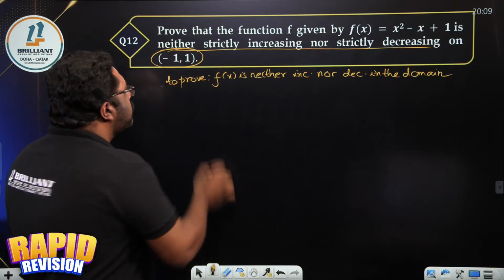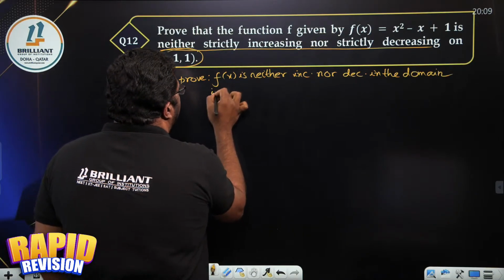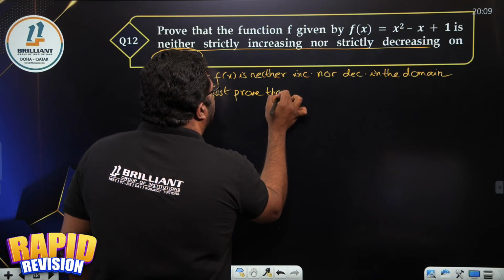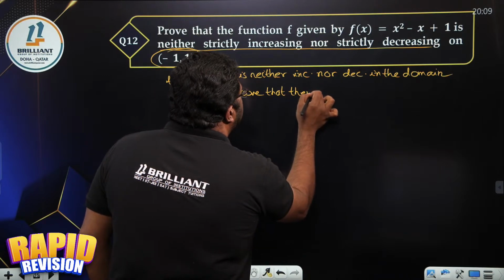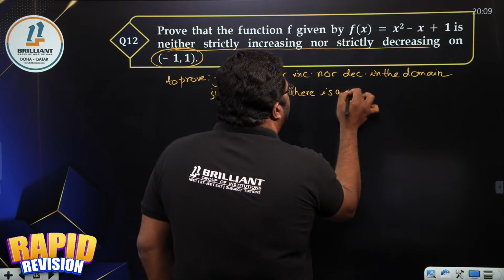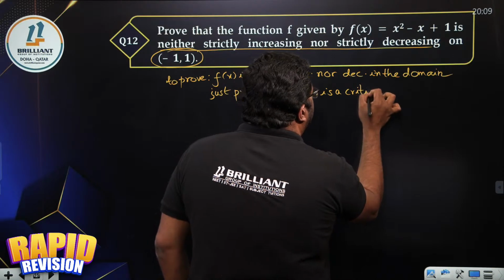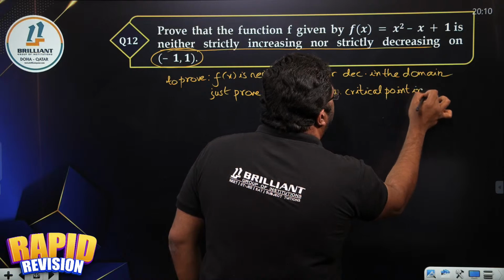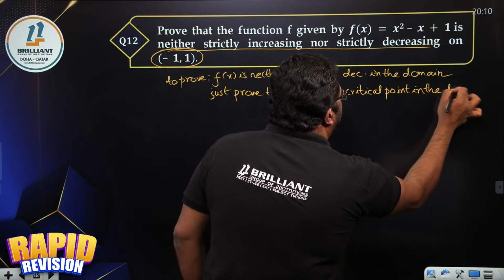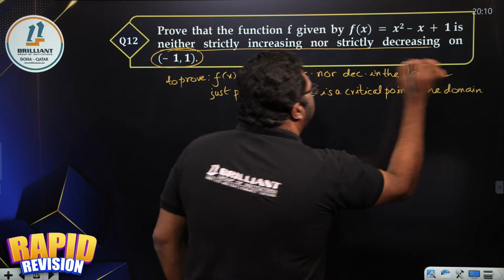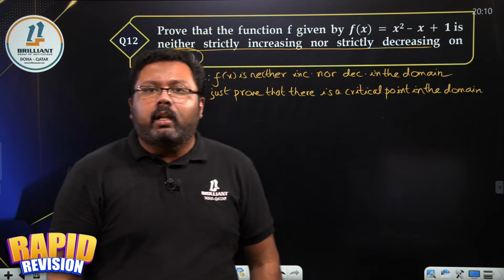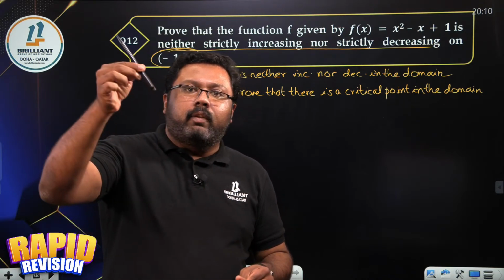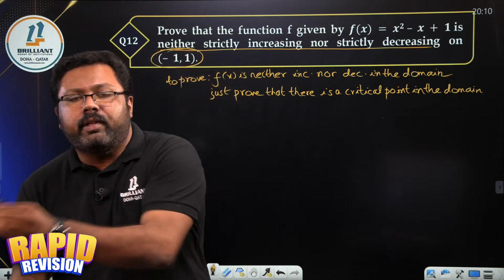please remember the technique. Just prove that there is a critical point in the domain. Do you remember the first question in increasing, decreasing, which I said that if there is no critical point, then it is either strictly increasing or strictly decreasing.